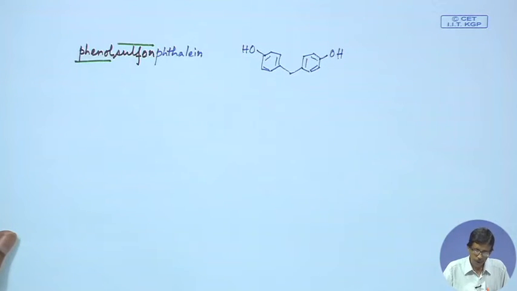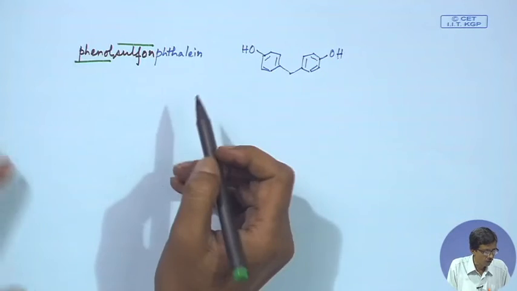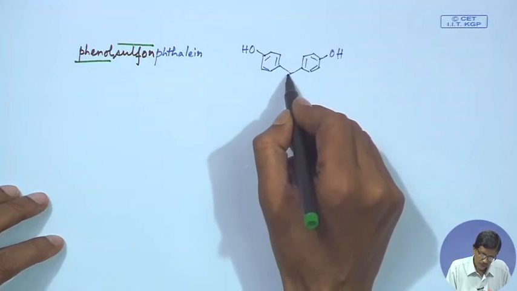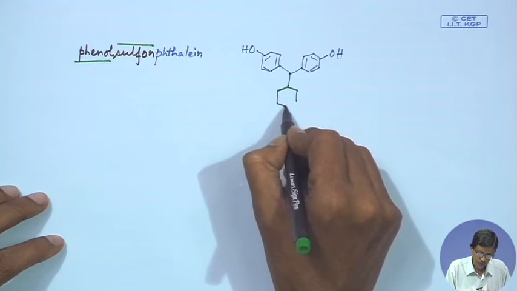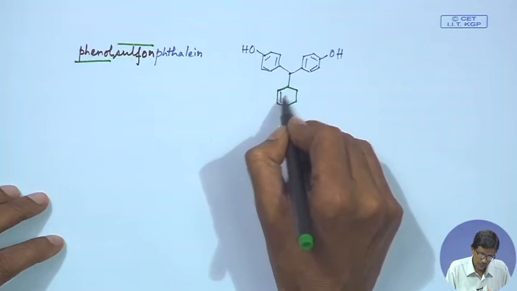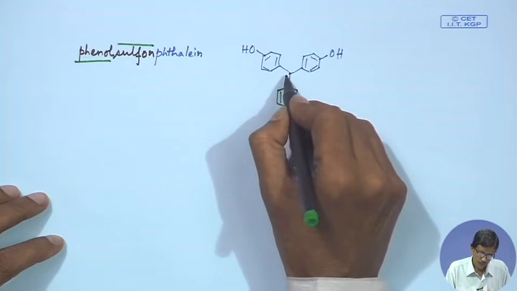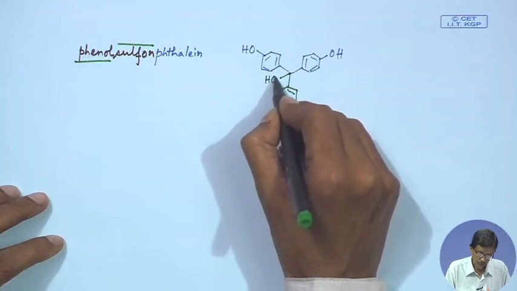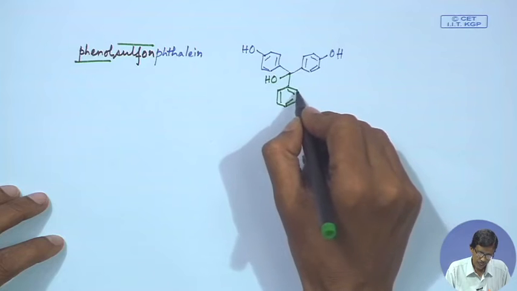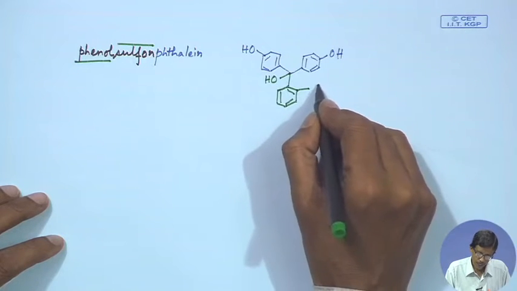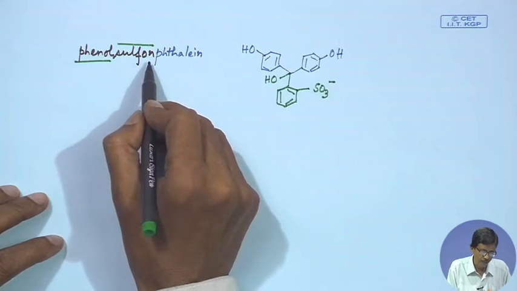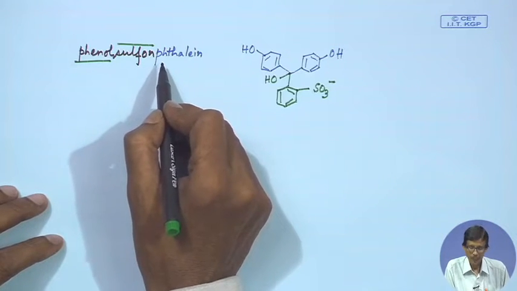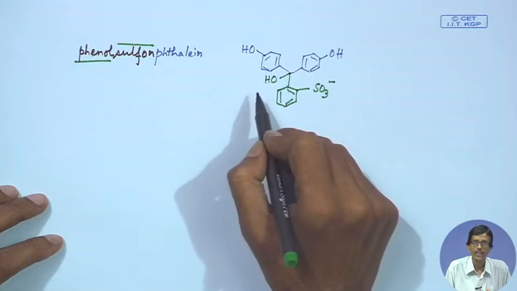This is your phenol part, and something coming from the phthalic acid part is this part. When this group is SO3 minus, it is the sulfonphthalein, and when it is a carboxylic acid, it is your phenolphthalein.